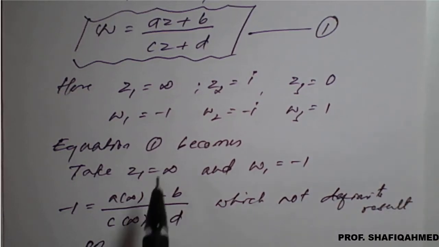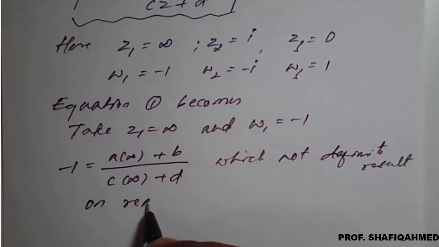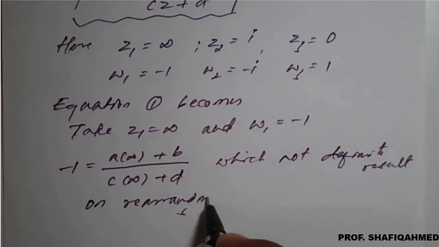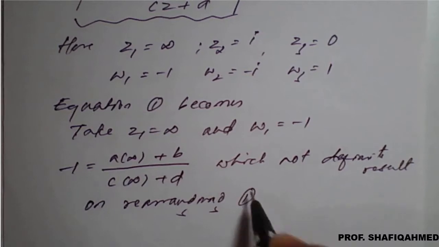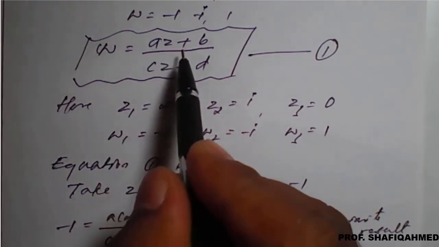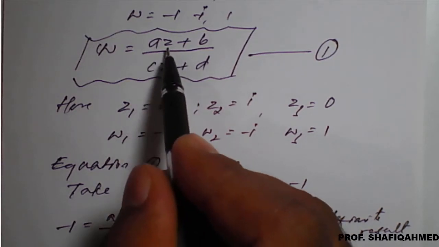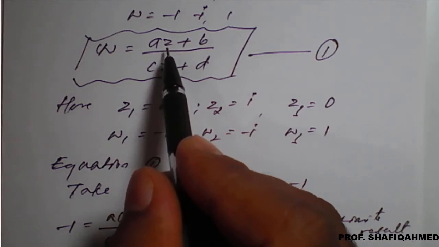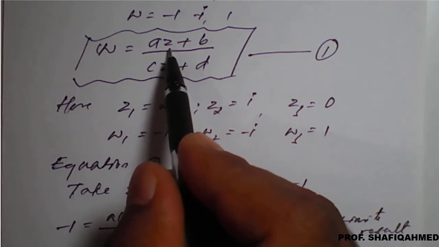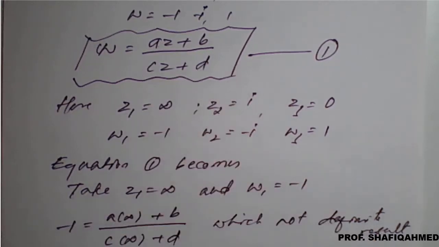So on rearranging equation 1, how do we make the infinity value 0? We use 1 upon z, so that 1 upon infinity is nothing but 0. In the numerator and denominator, take z common.